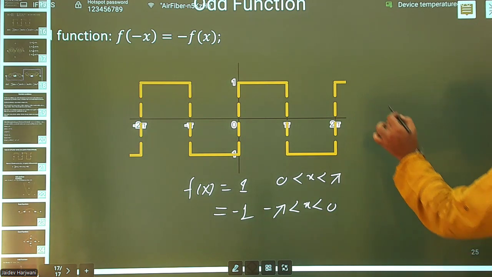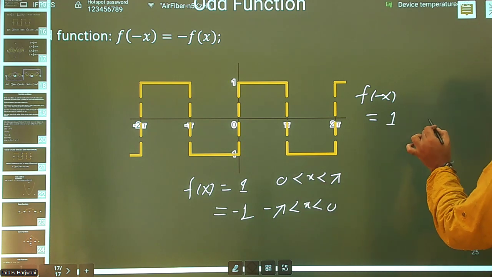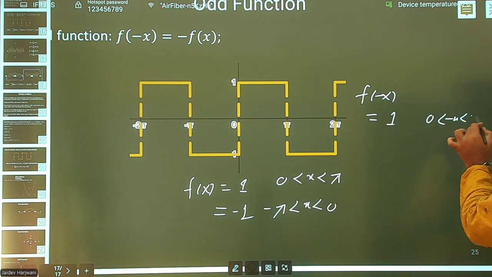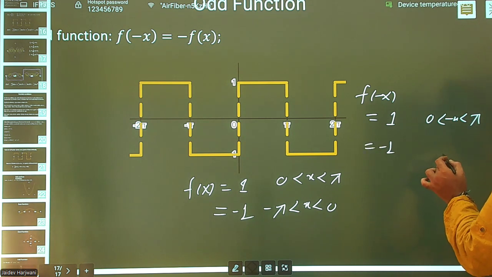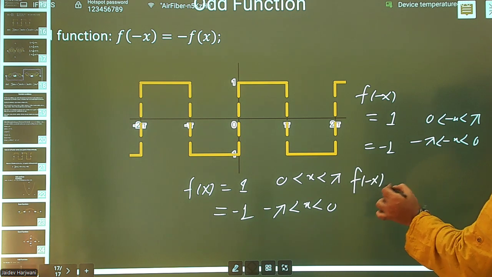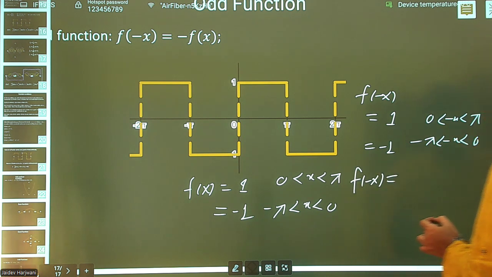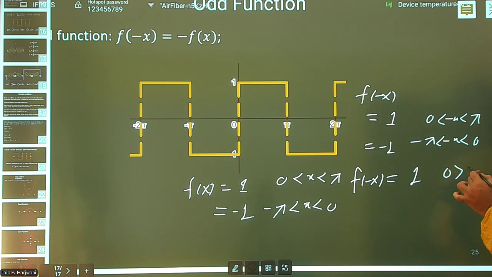Now if you replace x with −x, what will become? This remains 1, this becomes 0 < −x < π, and this becomes −1 for −π < −x < 0. Now f(−x): here multiply by minus 1, so this becomes 0 > x > −π.